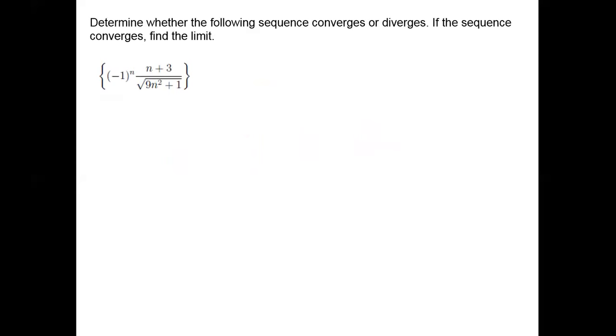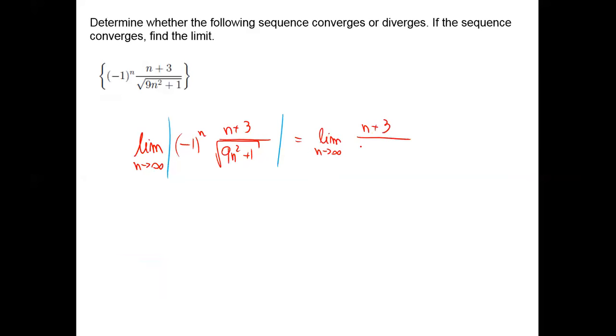And another one, and I believe this is my last one, the same thing. If we take the absolute value, I believe we can see a number different from 0: n plus 3 over the square root of 9n squared plus 1. Taking the absolute value, I'm only getting the positive part without the alternating. We may think it's 0 because it's n squared, but we still have the square root.